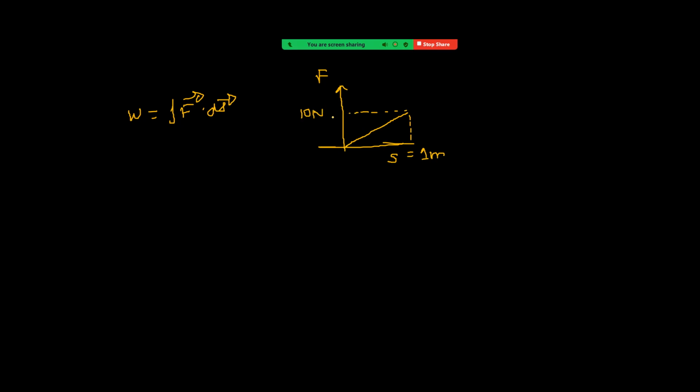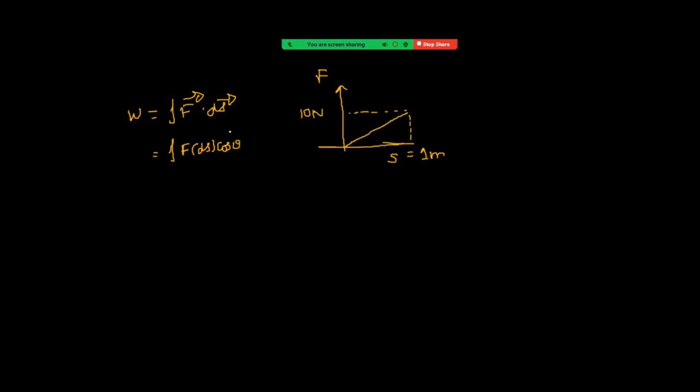If they ask, initially force was 0, after having a displacement of 1 meter, how much work is done? Then what do we have to do here? We take the integral of F into ds into cos of the angle.